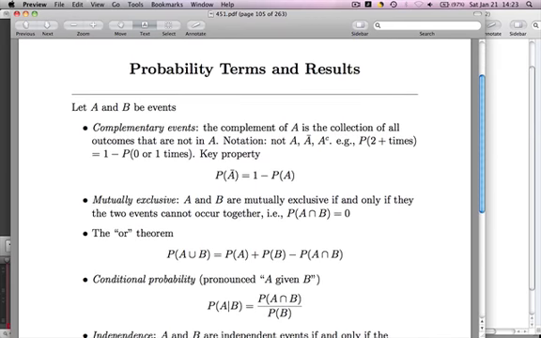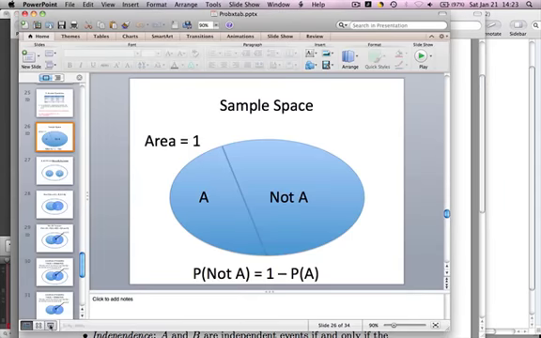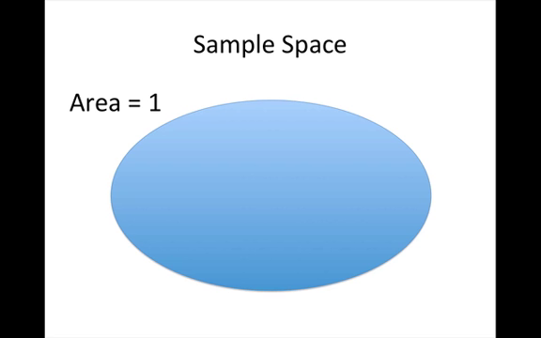Now I'm going to give you a few more terms and some basic results from probability theory. So let's say for this entire slide that A and B are some events. The first term I'm going to introduce is called complementary events. So I'm going to go over to PowerPoint where I've sketched out a few graphs, Venn diagrams.